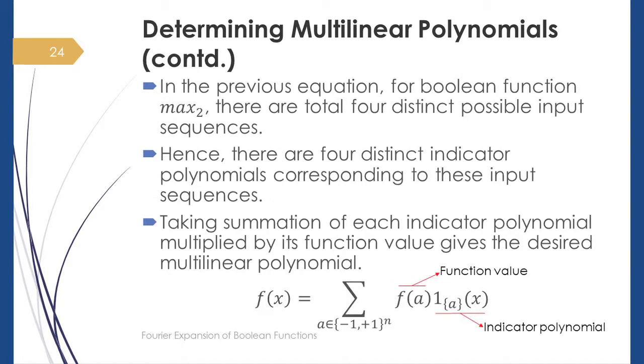So, in the equation that we just saw, we have 4 possible inputs. So, there are 4 distinct indicator polynomials, 1 for each possible input, which will evaluate to 1.